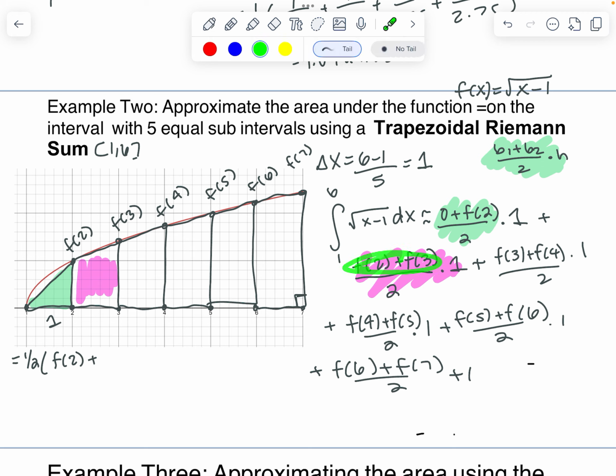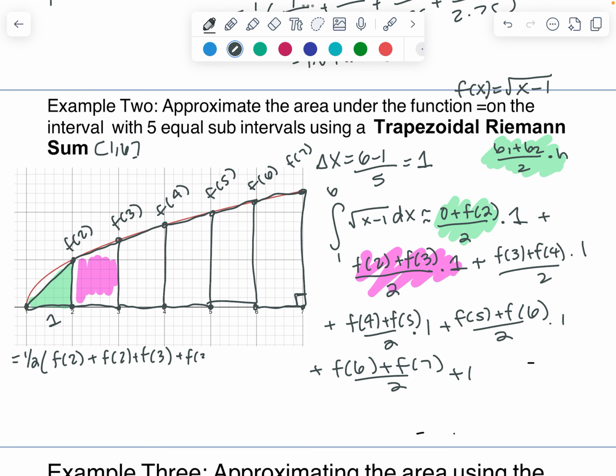What would be left in this expression is f of 2 plus f of 3, and then f of 3 plus f of 4. I'm going to color code the first two so you know the connection between them. I won't do them for all. But this comes from that first area formula. This comes from the second area formula. This comes from the third area formula. So on and so on.